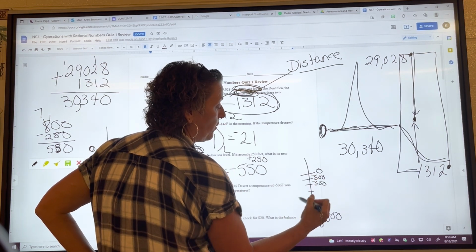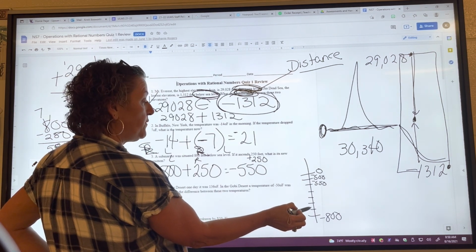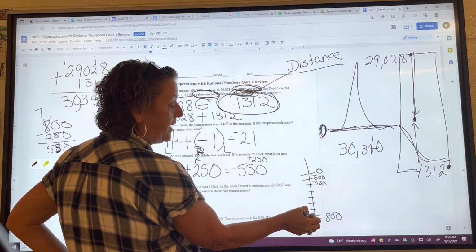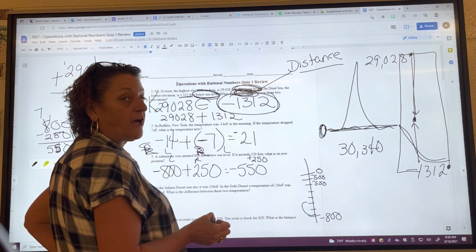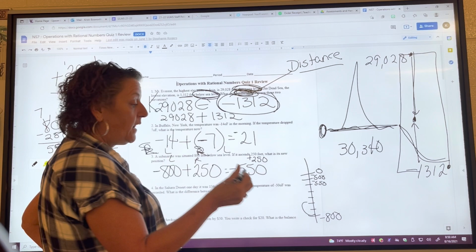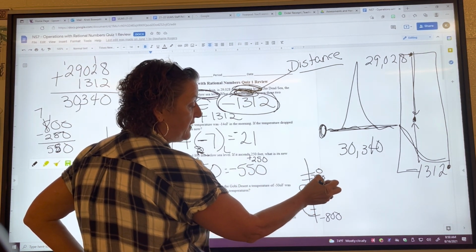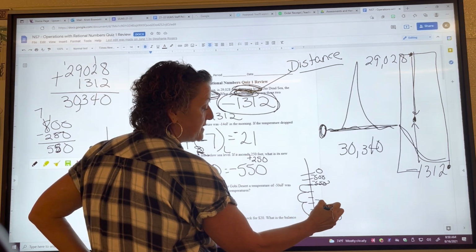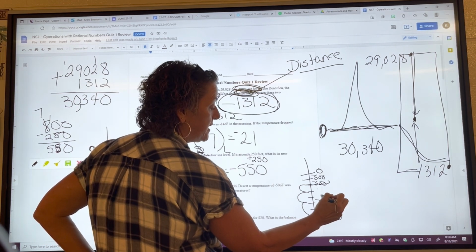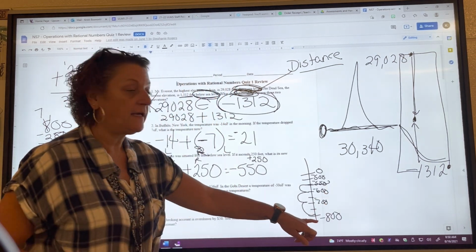This is all negative, okay? It ascends 250 feet. So from 800 to 700, it's going up, right? That is 100. Here's another 150. This is 700. This is 600. Negative. You see what I did?